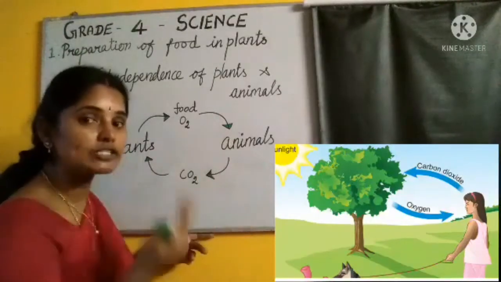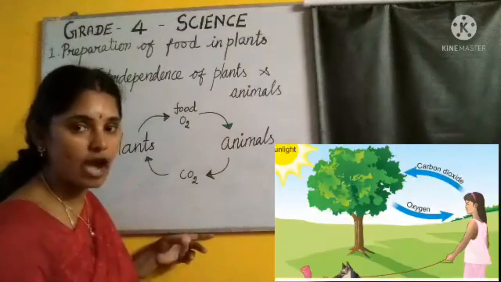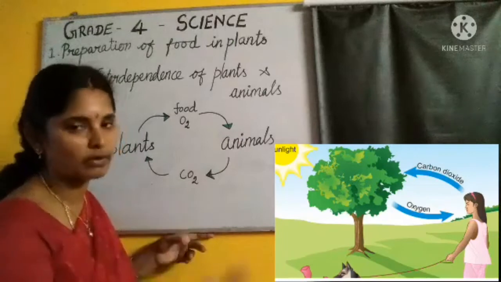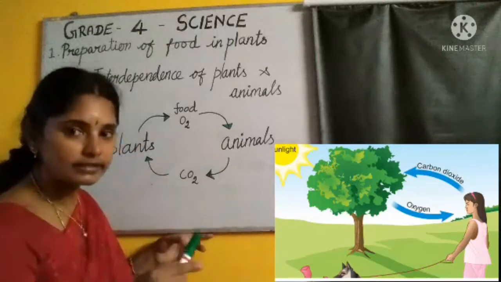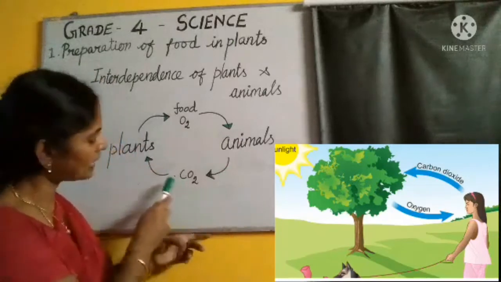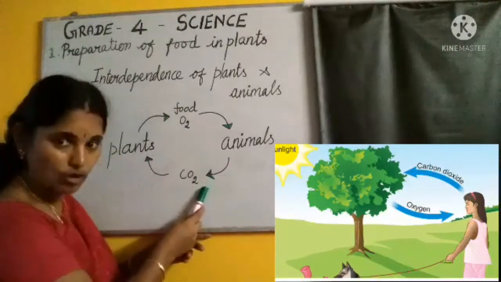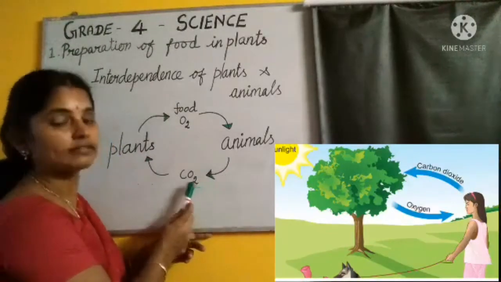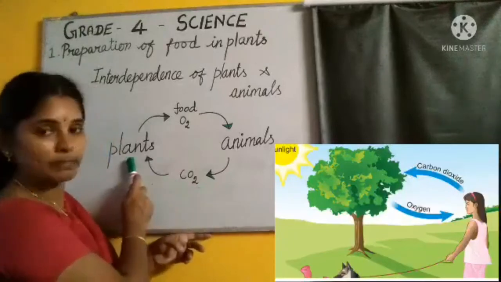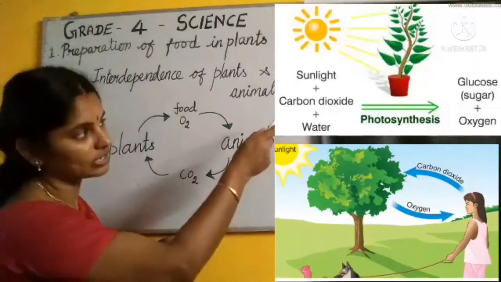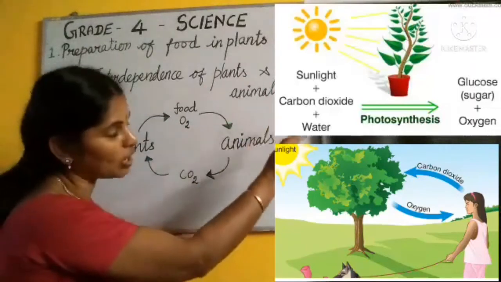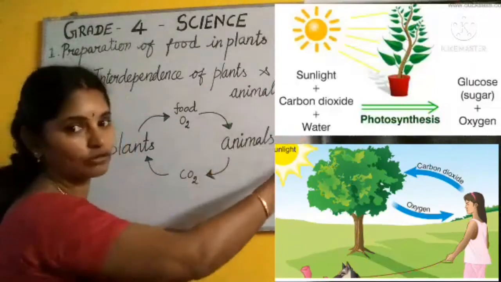Then we release out, what gas are we breathing out? Carbon dioxide. We breathe out carbon dioxide. That gas is taken by the plants. See, look at the front part of the photosynthesis process: carbon dioxide and water in the presence of sunlight and chlorophyll.